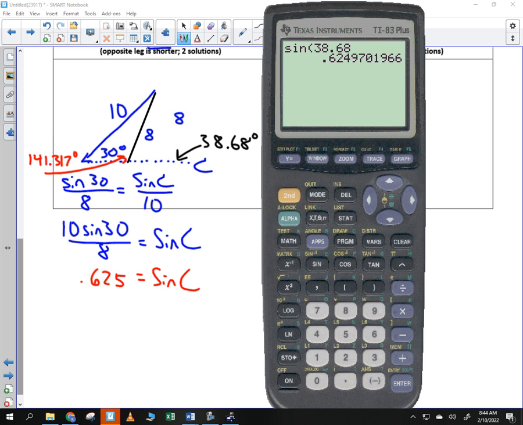Well, watch this. If you take the sine of 141.317, you also get 0.625. I took 180 and I subtracted 38.68.